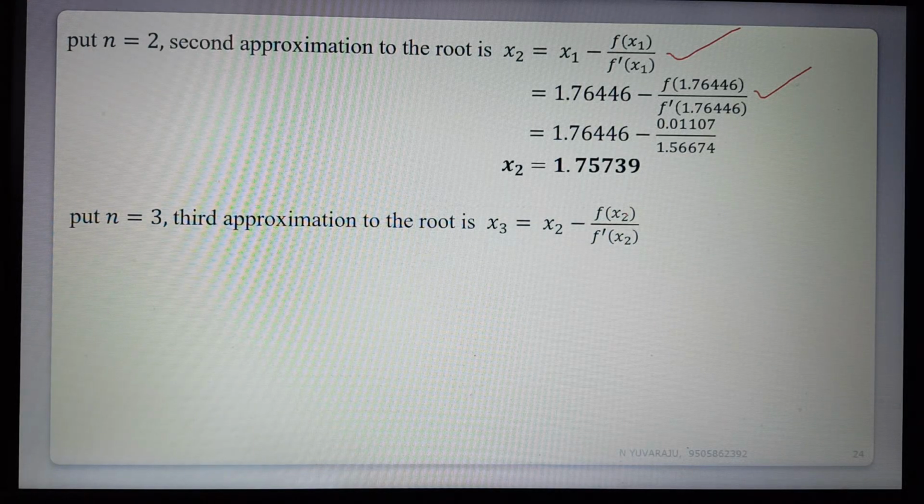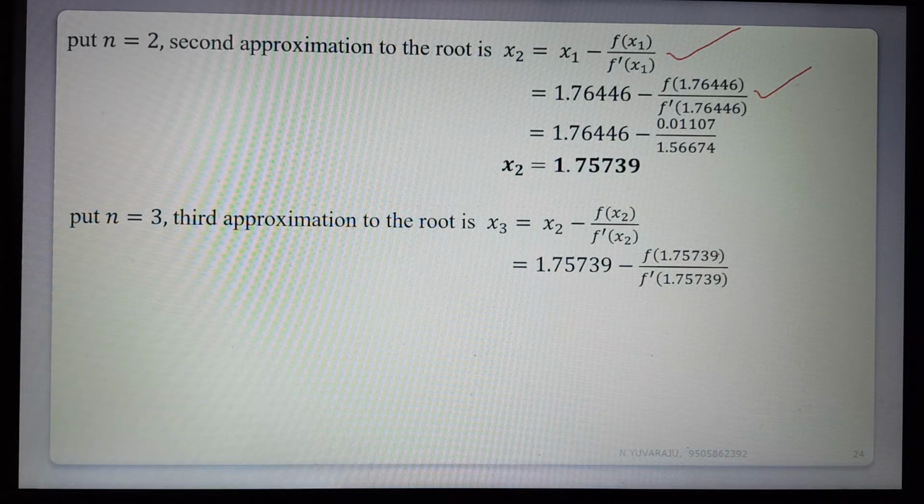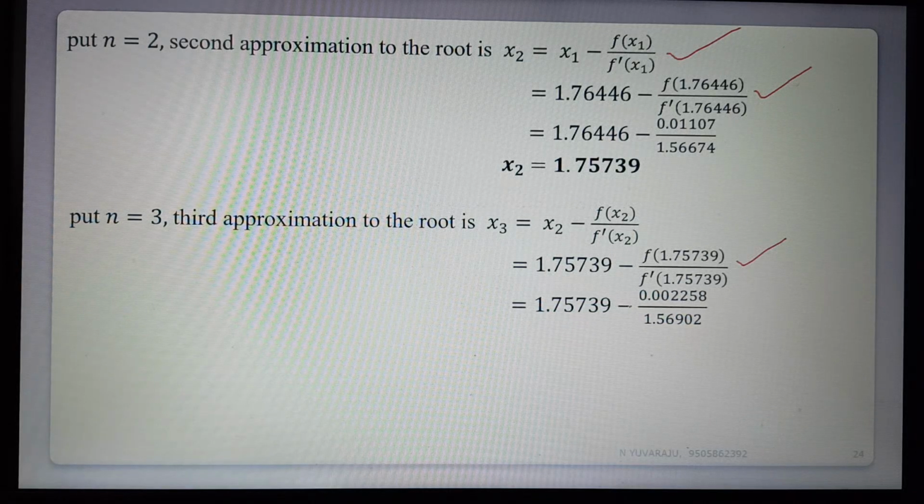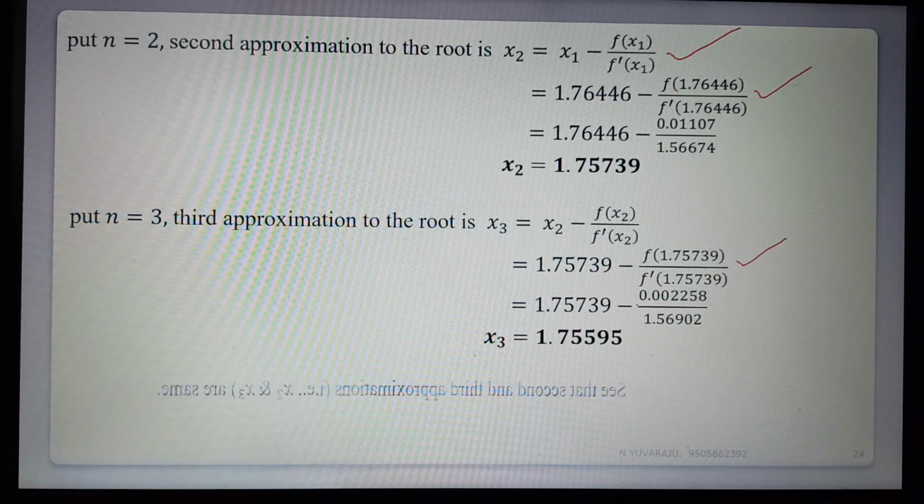Next, the third approximation x3 is equal to x2 minus f of x2 by f dash of x2. Substituting the x2 value and simplifying, we get 1.75595.